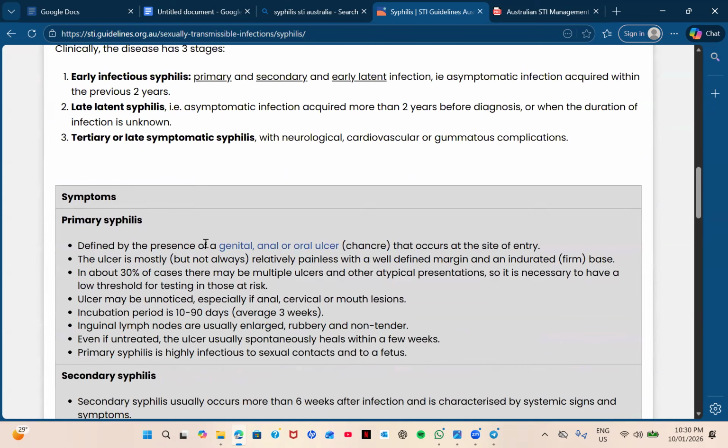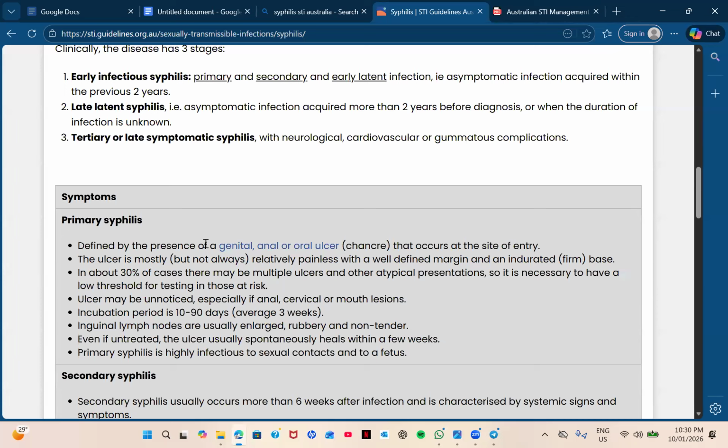So, what are these stages? Tell me, what are these stages? Type in the chat. Early syphilis, latent phase, secondary phase, and then tertiary phase.